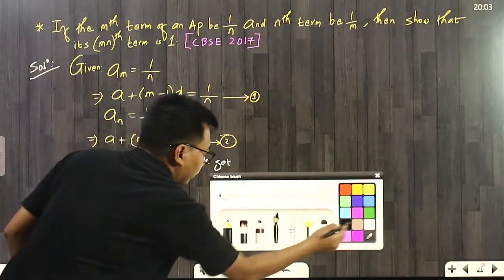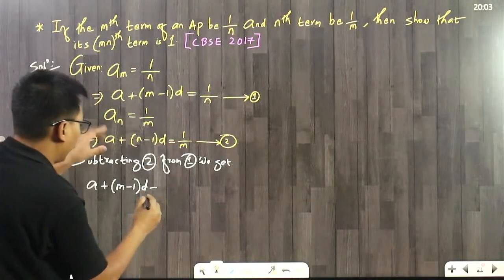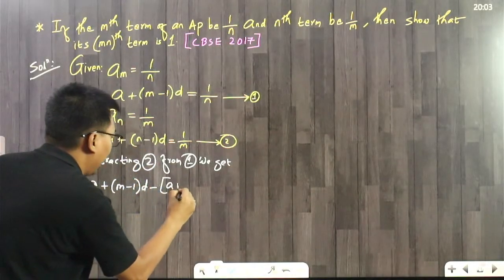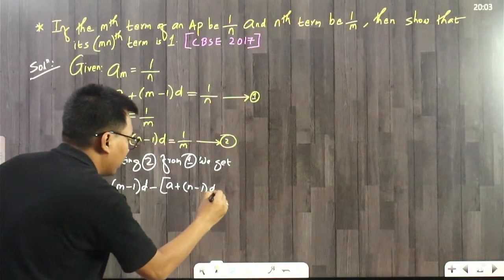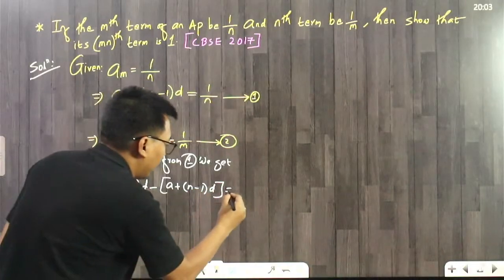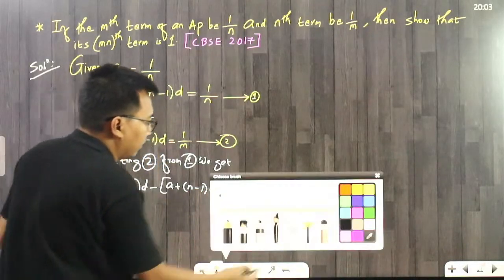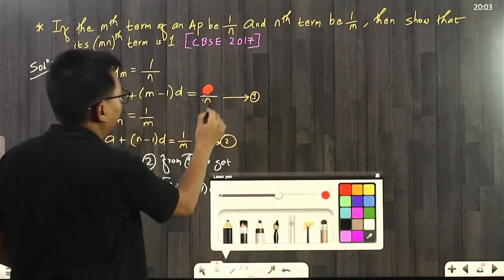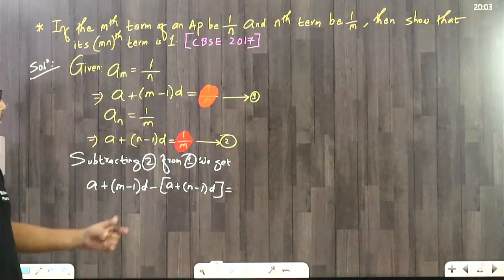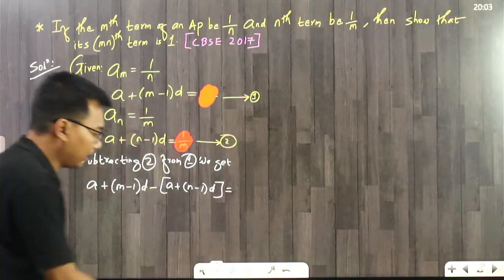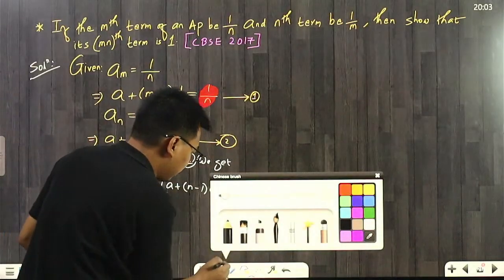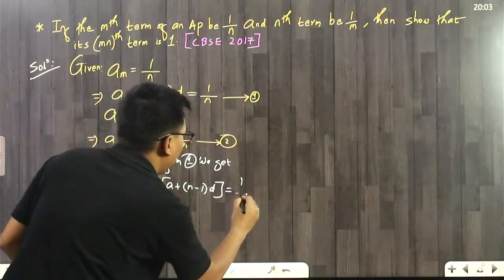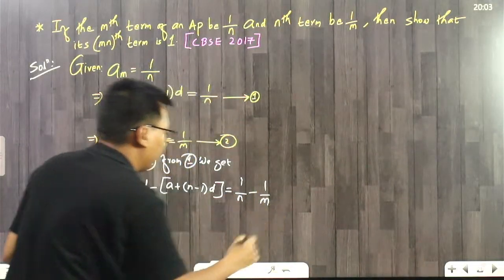Since we have more than 1 term, we have to put a bracket. So minus a plus n minus 1 d. Now towards our right, this minus this: 1 by n minus 1 by m.